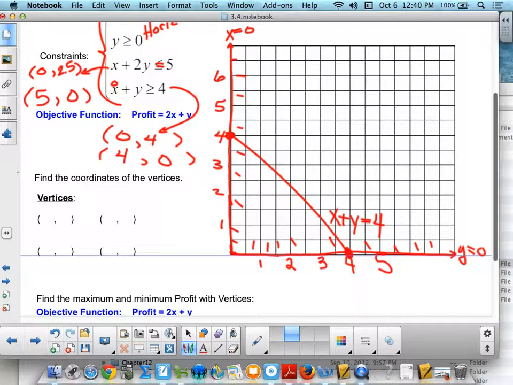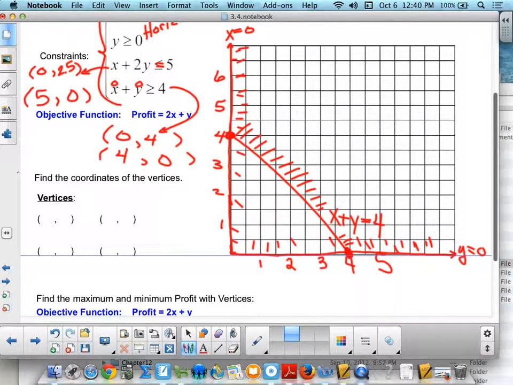Let's put in 0, 0. Is 0 plus 0 greater than 4? No, so shade where? The other side, so we go this way. Shade, shade, shade.